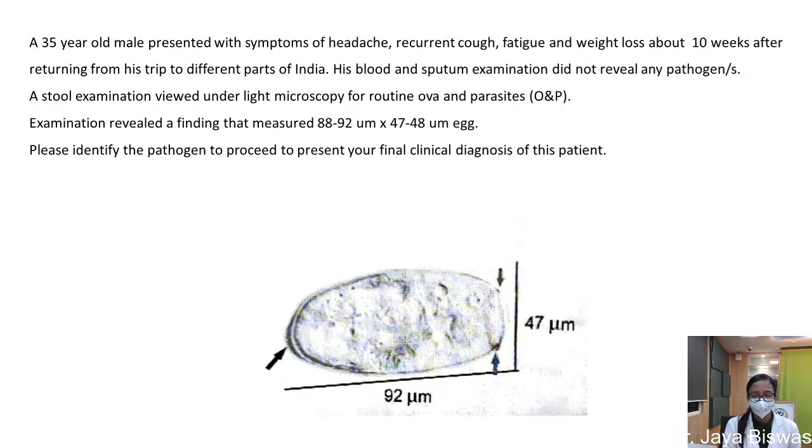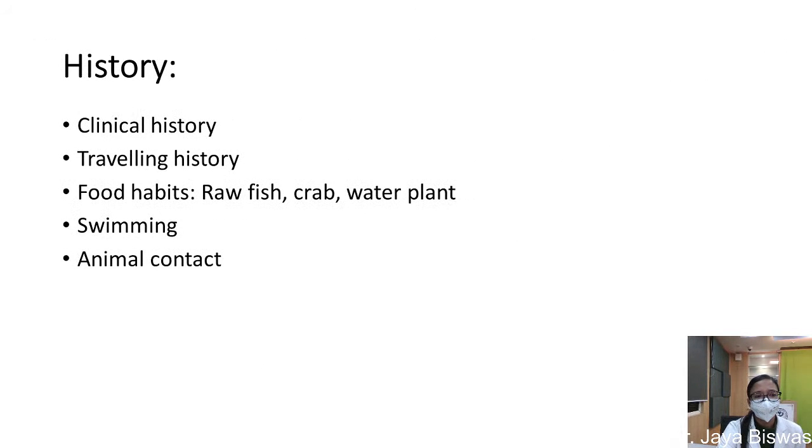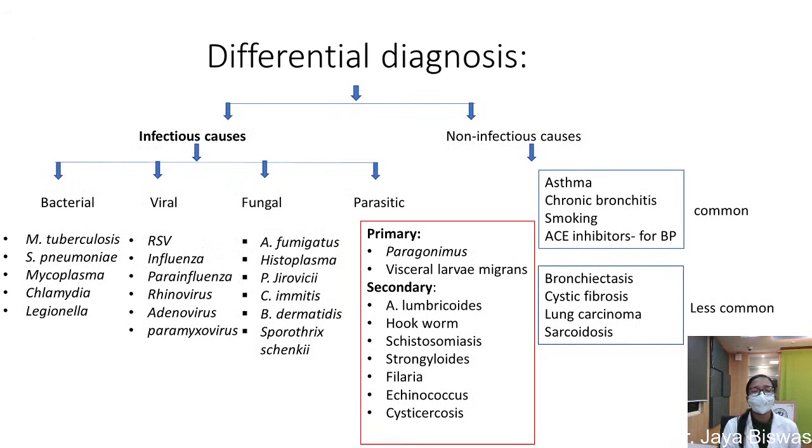Okay. Now go to your DD values. My differential diagnoses are infectious causes and a few non-infectious causes. In infectious causes, some are bacterial, viral, fungal, and parasitic causes. The question seems to be pulmonary TB, but we'll look for some other diagnosis.